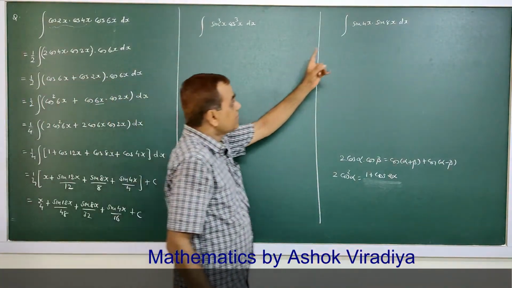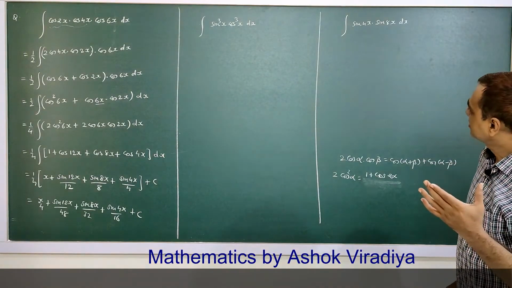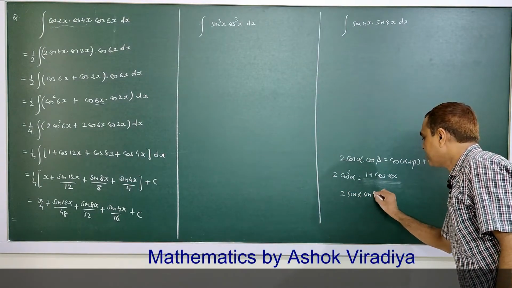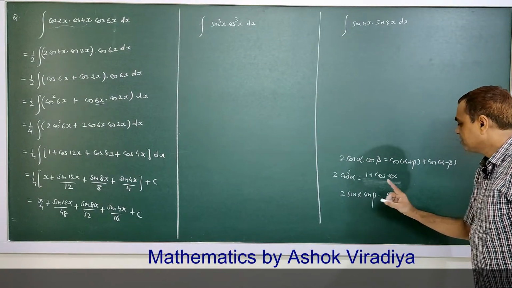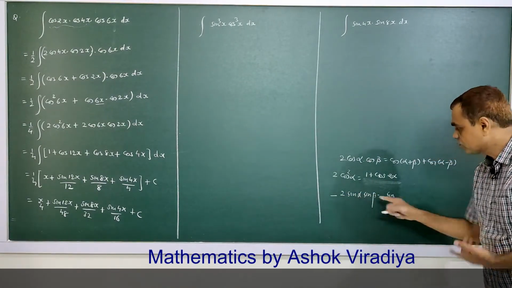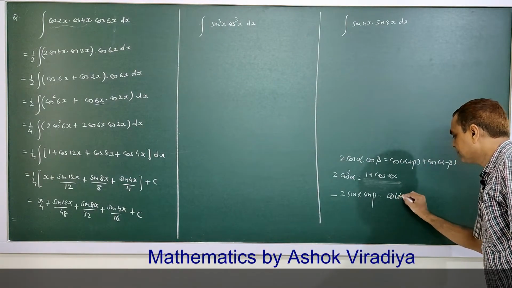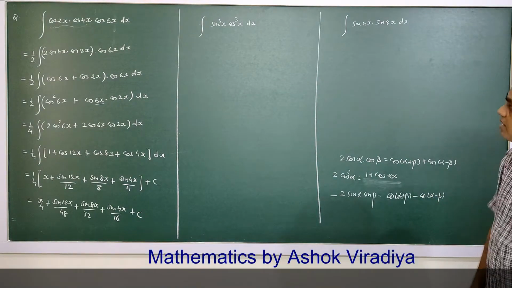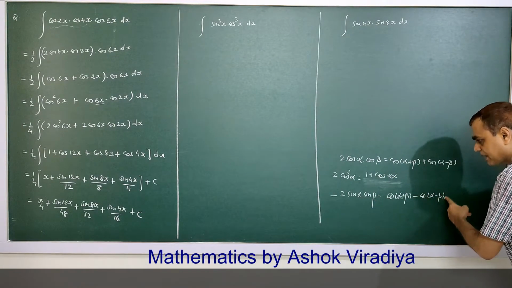So here sin into sin is given. And to break sin into sin, we have the formula for 2 sin alpha sin beta. In the formula there is a minus sign: minus 2 sin alpha sin beta is cos of (alpha plus beta) minus cos of (alpha minus beta).